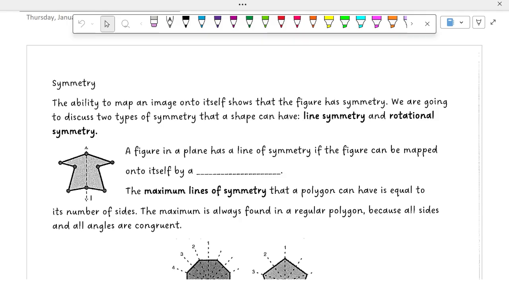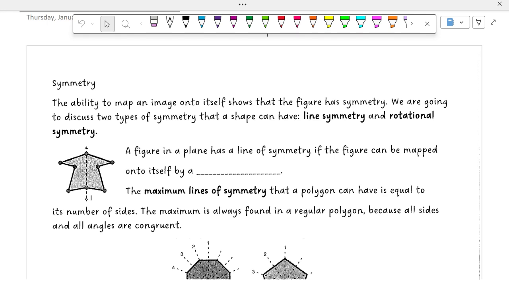So with symmetry, what's basically happening is it's saying that if we graphed a figure and if we did a specific type of transformation, so typically that's either a reflection or a rotation, depending on the angle measure that's being rotated or the line of reflection itself, symmetry happens when a figure maps onto itself. Meaning, if we did the transformation, it'll look like we didn't even do a transformation.